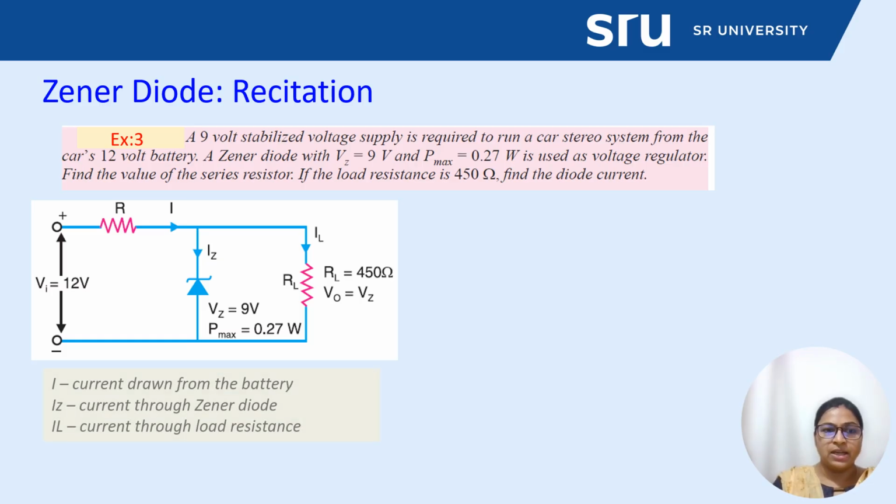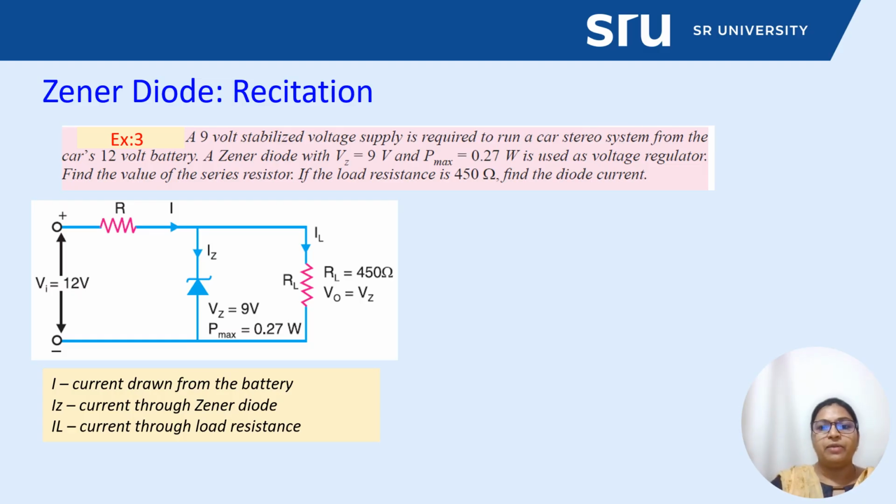Here I is the current drawn from the battery, Iz is the current through the Zener diode and IL is the current through the load resistance. The load resistance is 450 ohms. So V output here is Vz only.